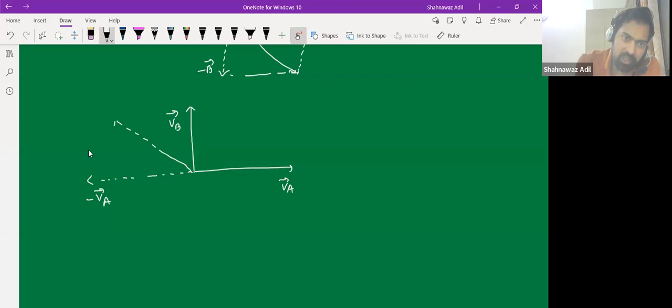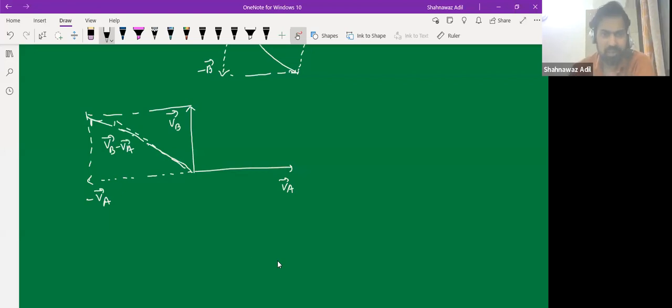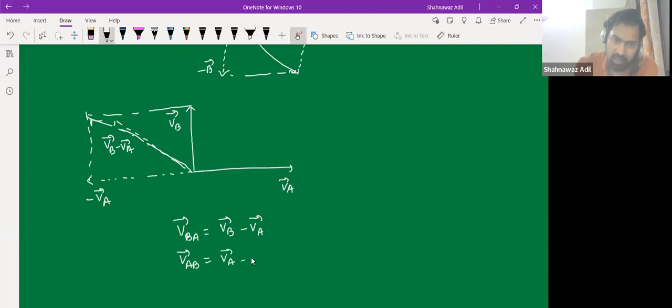So this would be, let's say, this one and this one. So this would be VB minus VA. This was the idea of relative motion. If I want to calculate the relative motion of B with respect to A, this would be VB minus VA. And if I want to calculate the relative motion of A with respect to B, then this would be VA minus VB.